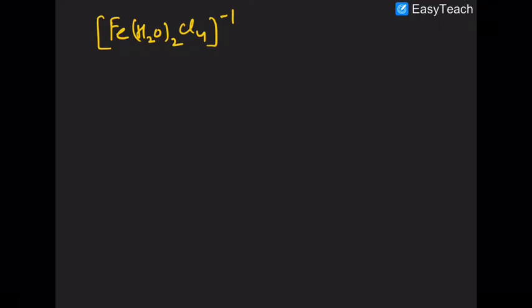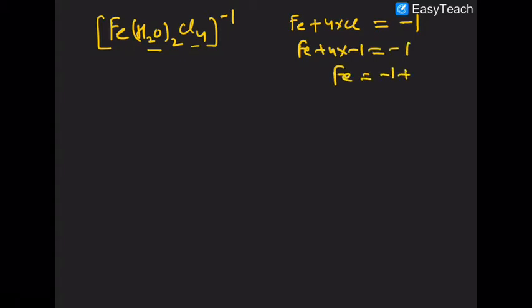Now look here. This is an anionic complex. Iron is the central metal atom. Water is the neutral ligand, so you don't have to count it. And chlorine is carrying -1 charge. So the oxidation state of iron is: the complex carries charge of -1, so 4 into -1, so overall it becomes -1 plus 4. It is +3.